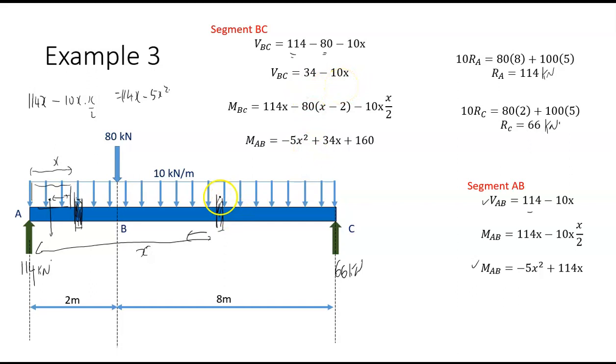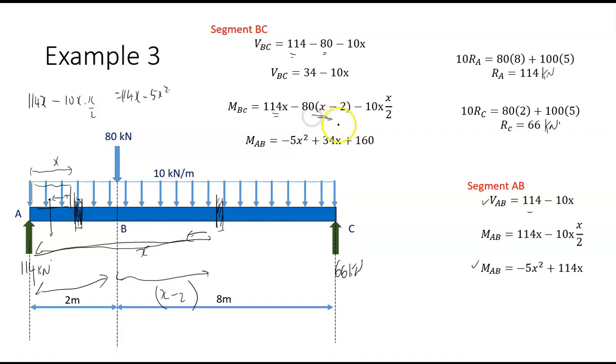And if I want to get the bending moment, well, it's going to be 114x. So that's that moment. Minus 80 times x minus 2. Well, if that's x, and if that distance there is 2, then that distance there must be x minus 2.